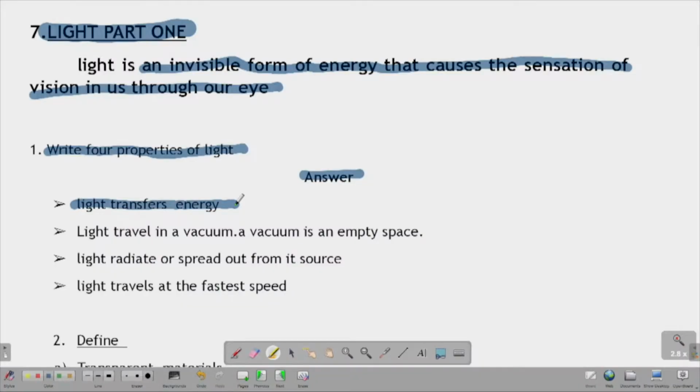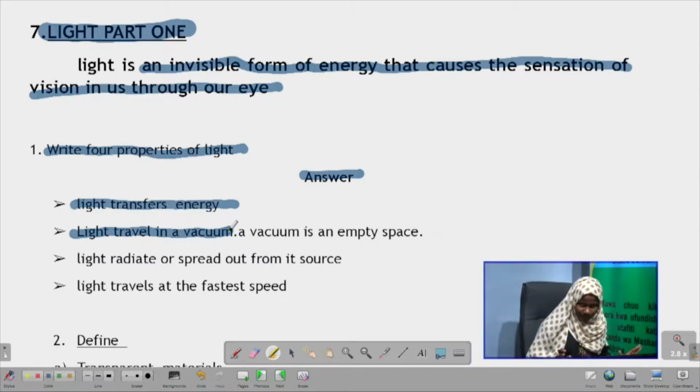The second property is that light travels in a vacuum. Vacuum is simply an empty space that has no particles, no air.